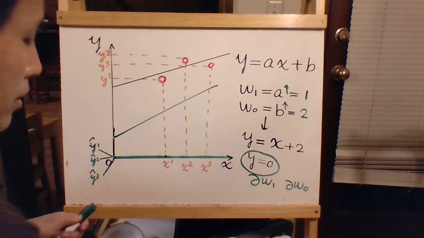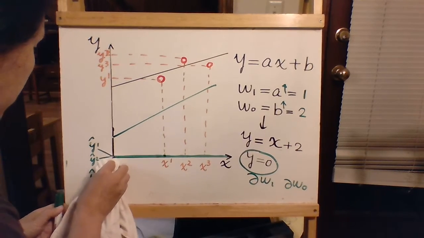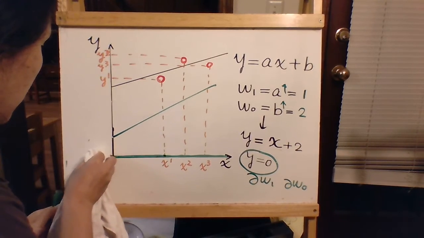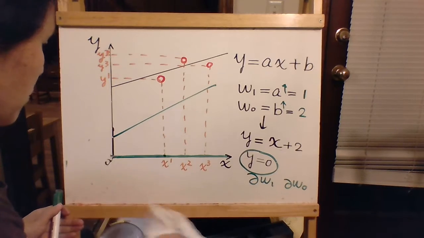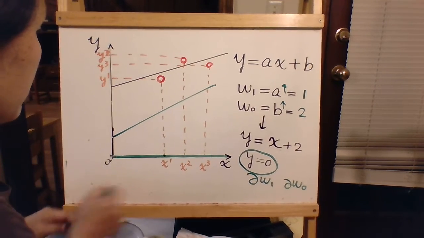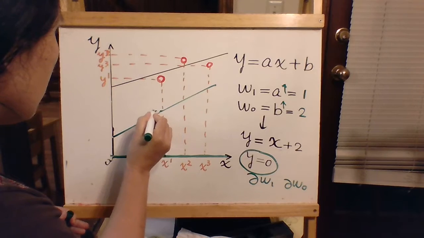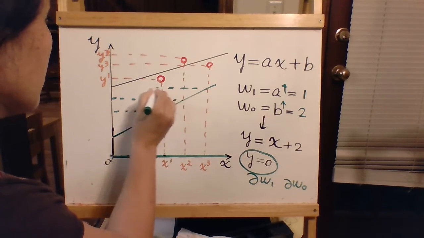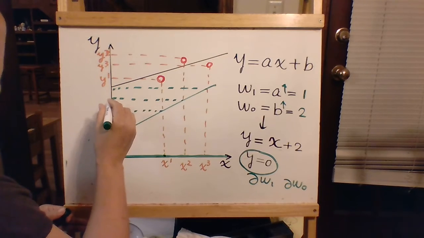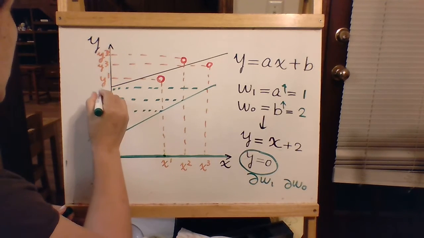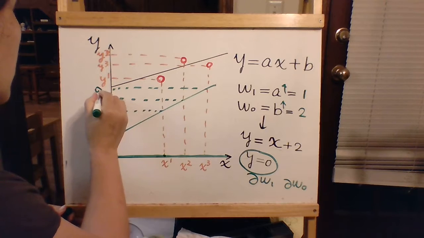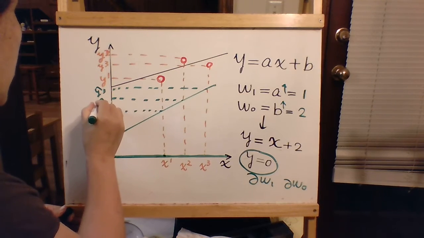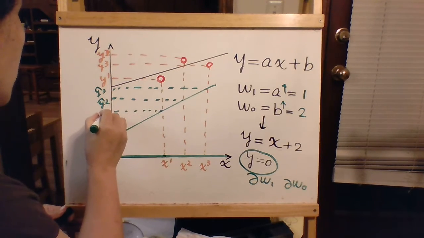Because for this round, the predicted values are here: y hat 3, y hat 2, and y hat 1.